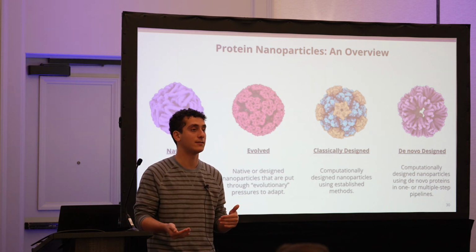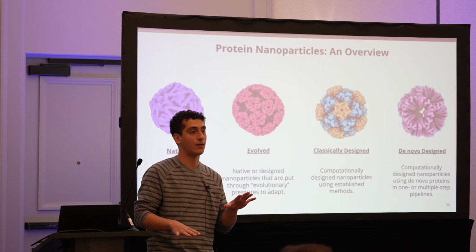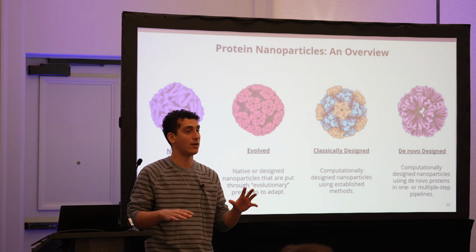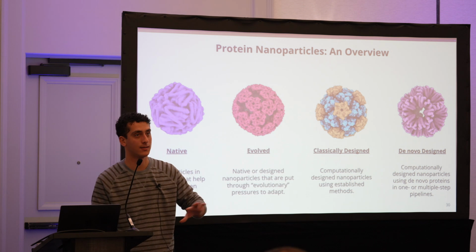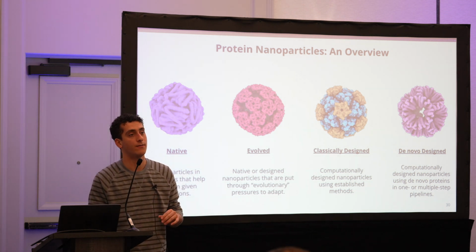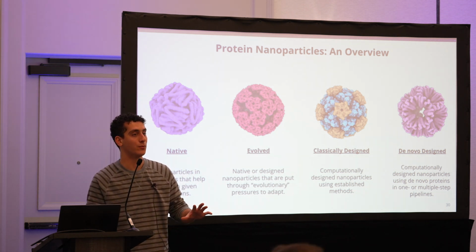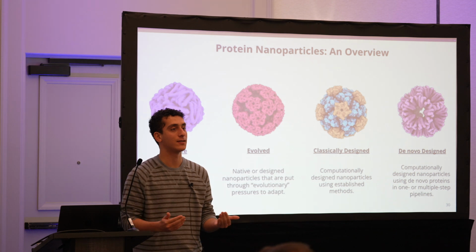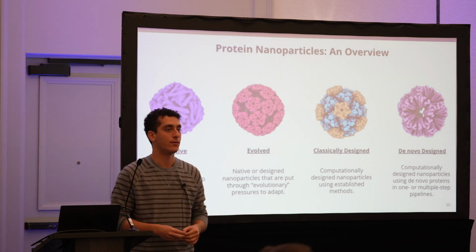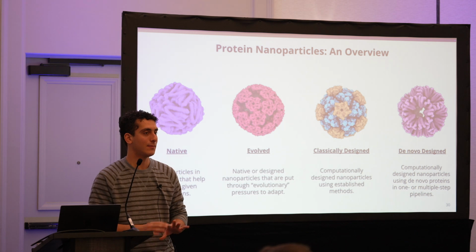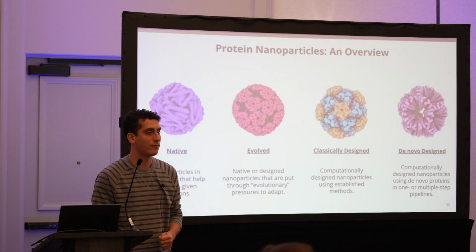If they're not expressed at the same level, you might get way more production of one than the other, and then you won't actually get a full nanoparticle. So there are a lot of questions in the mRNA space of how do you get two different pieces to come together in the ratios you want inside the same cell? That's the big reason why we haven't focused too much on multi-component mRNA.